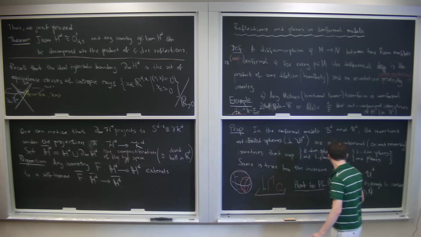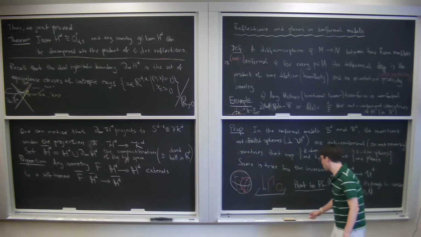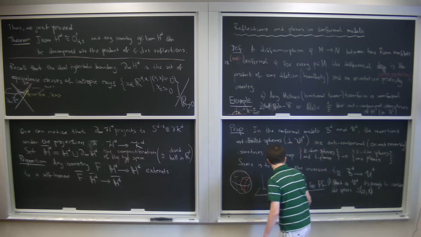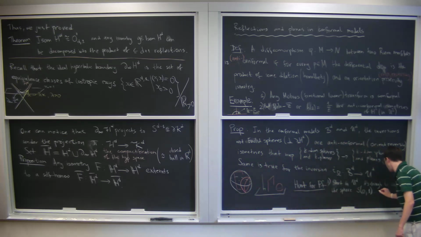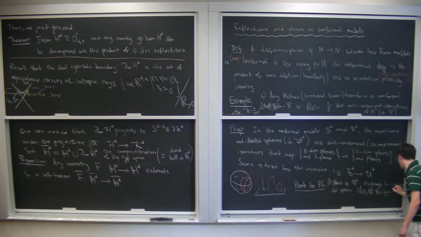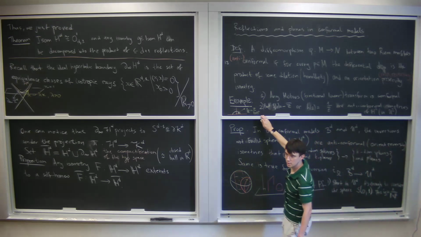Then the inversion looks simple. The inversion I with respect to this S is just the Euclidean vector X over the norm of X squared, precisely like here.